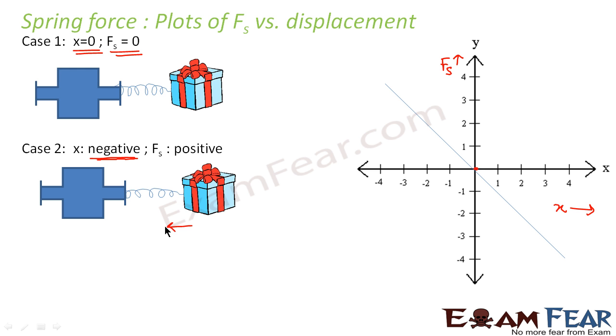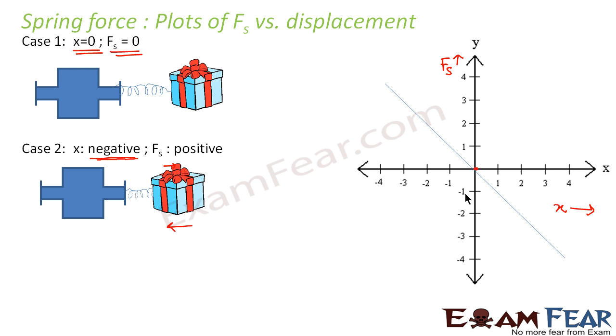So if displacement is in this direction, then the spring force will act in this direction. That means when the box is compressed, the spring gets compressed. So the displacement took place in this direction. However, the spring force, that means the force which this spring exerts, will be towards the right. So in this case, x is negative but Fs is positive.